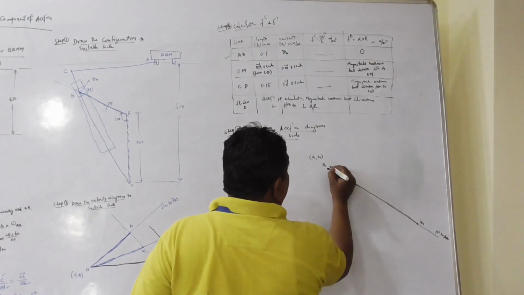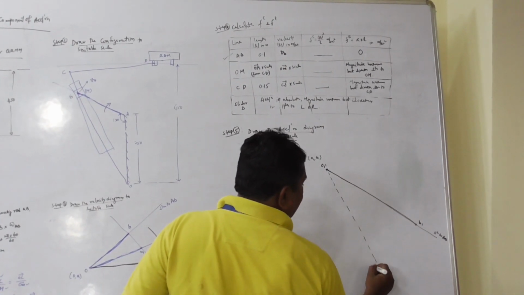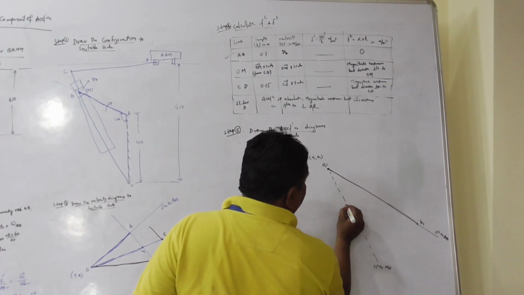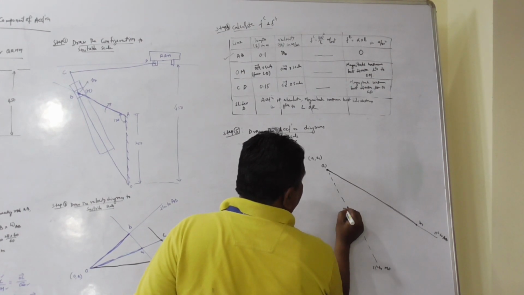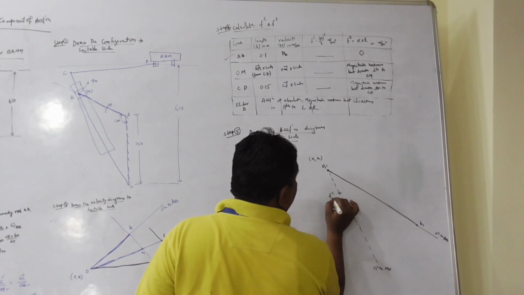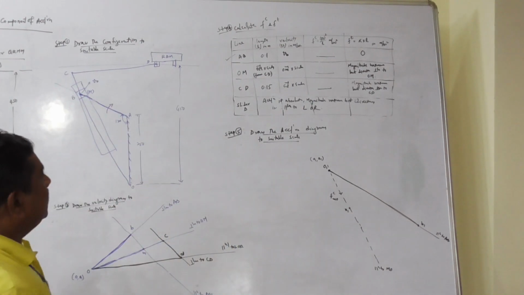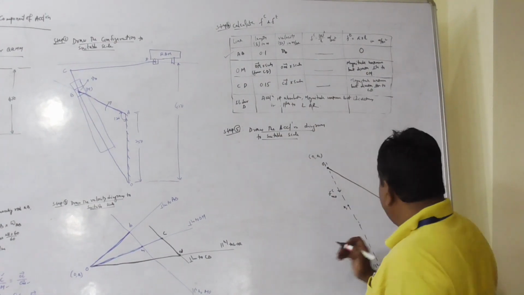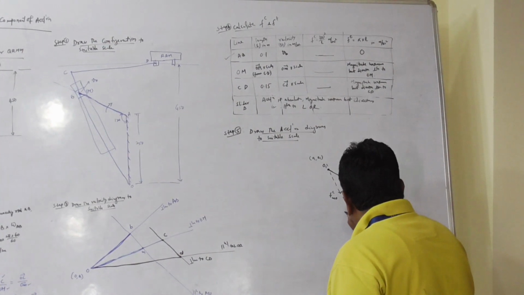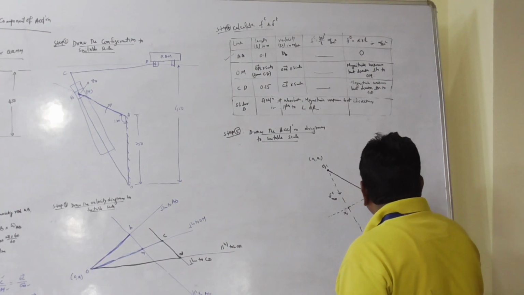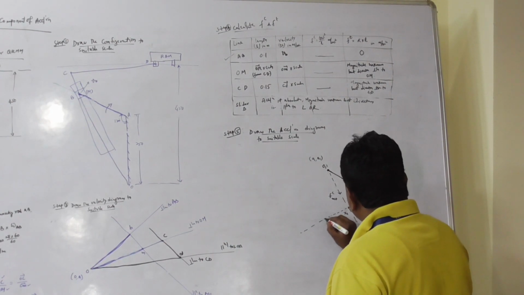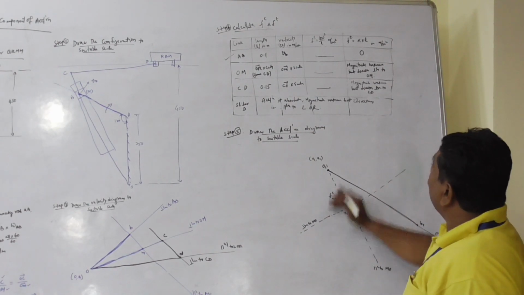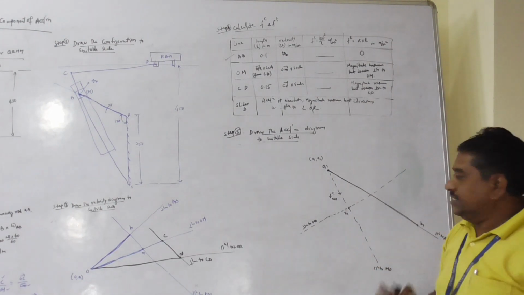Therefore, through the pole, draw a line parallel to MO and fix the point X1 representing centripetal component of MO. Tangential component magnitude is unknown, but direction is perpendicular to OM. Therefore, through X1, draw a line perpendicular to MO. Magnitude is unknown, but direction is perpendicular. Leave as it is.